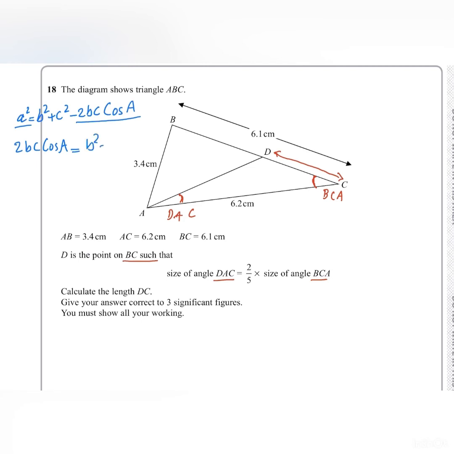So 2bc cos of A equals b squared plus c squared minus a squared, and cos of A would be b squared plus c squared minus a squared, all of that over 2bc.